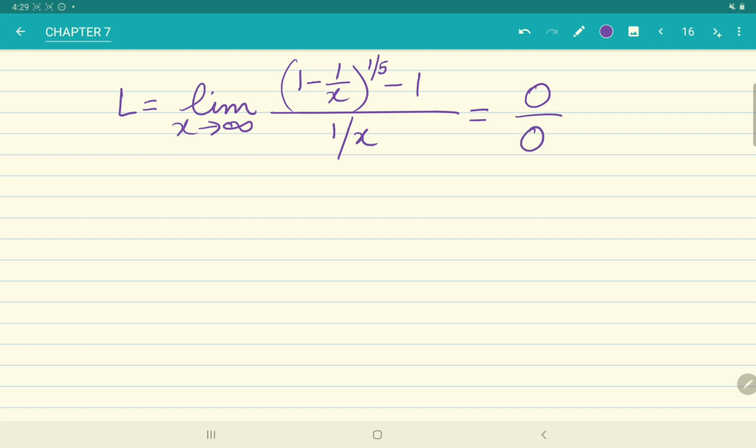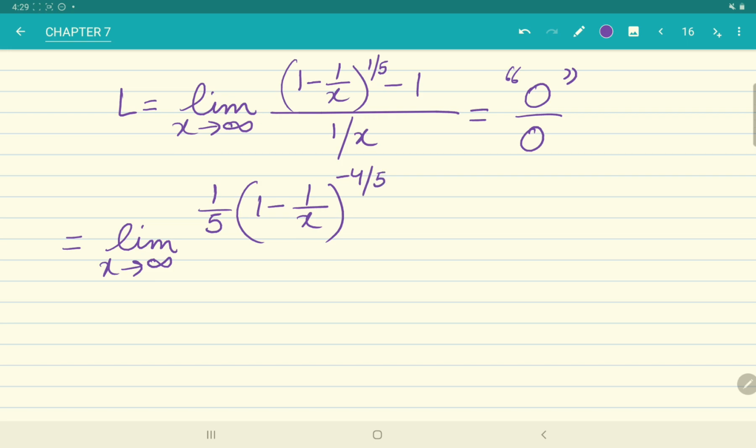So I write it like this: equal to limit x tending to infinity of 1 by 5, times 1 minus 1 by x raised to the power minus 4 by 5, times 1 by x squared, divided by minus 1 by x squared.